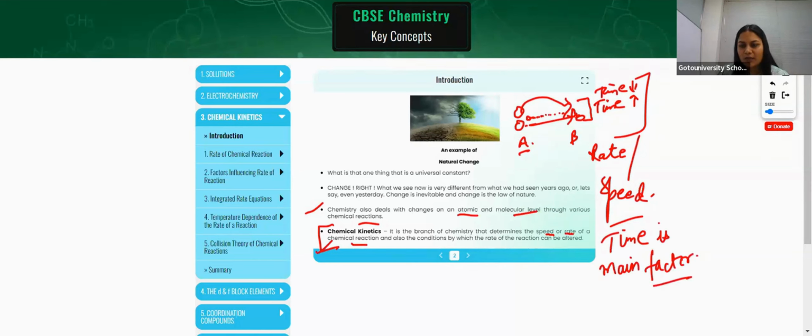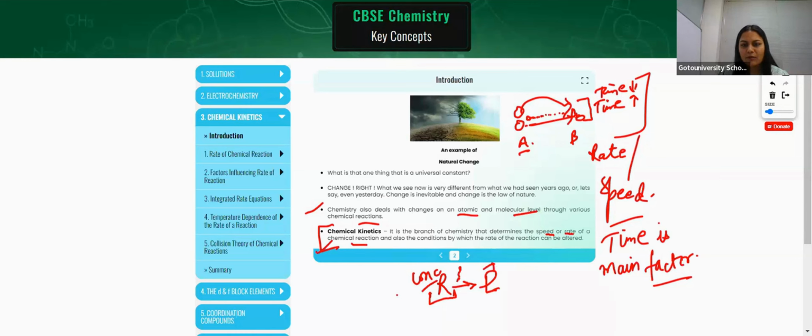How is time the main factor? Suppose in a reaction the left side has the reactants and they are forming products on the right side. How much time are the reactants taking to form a product? What is the change in their concentration, initial concentration and final concentration, and under what conditions do they go through to form a product?